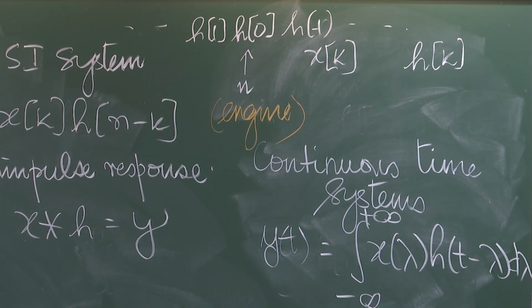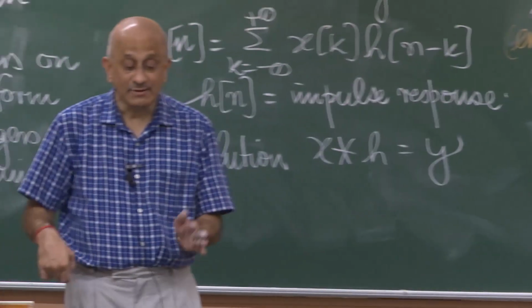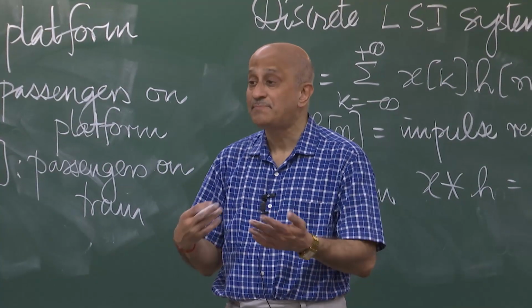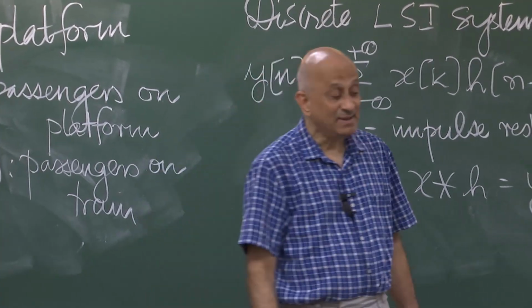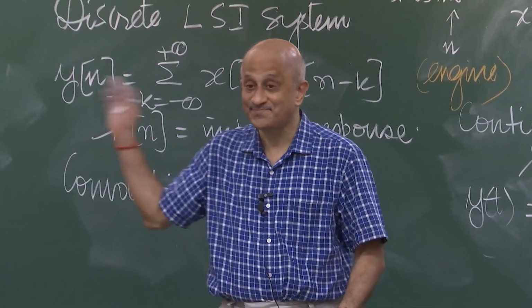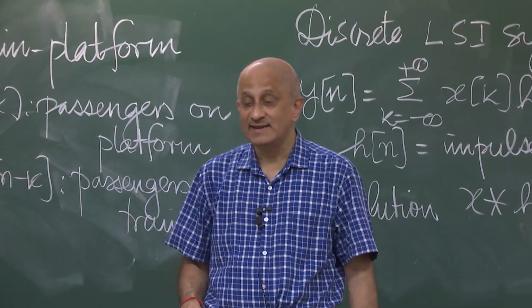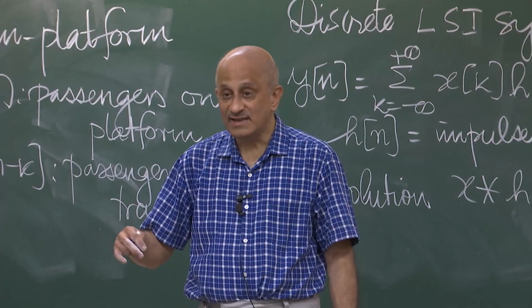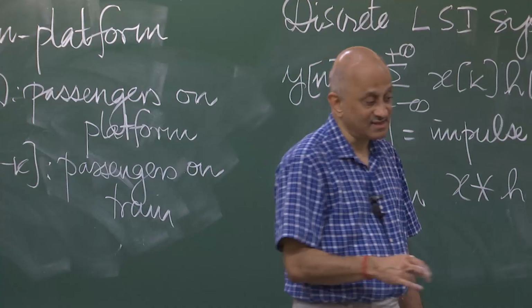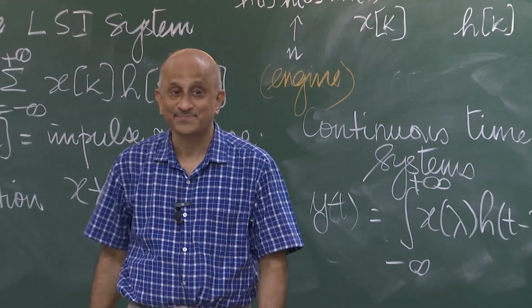The same principle holds, except now it is more difficult to visualize this train platform, because you have a continuum. You can't think of them as passengers, because they are not discrete anymore.